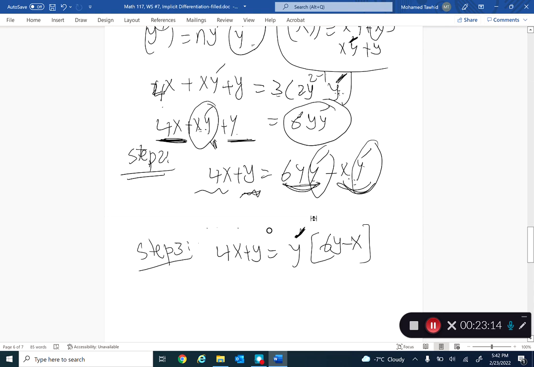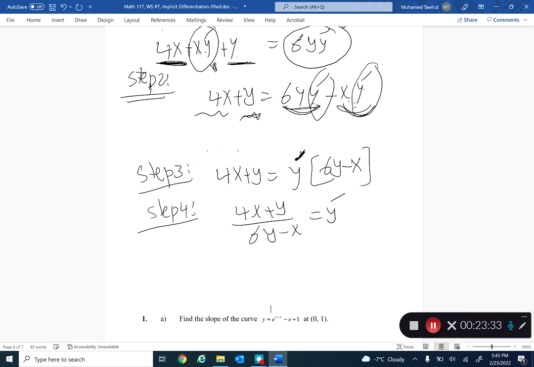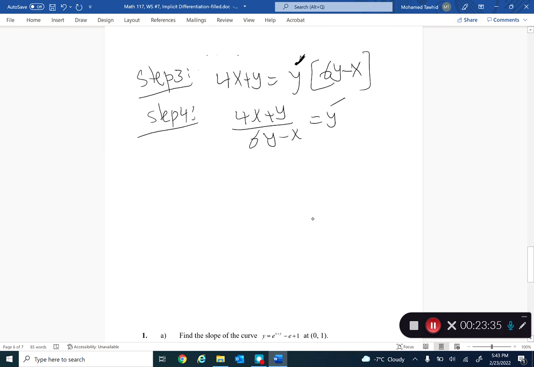All right, and then the last step, step number 4, is to solve for y prime. So you have 4x plus y divided by 6y minus x equal to y prime. When I solve for y prime, the number in front of y prime must be 1.